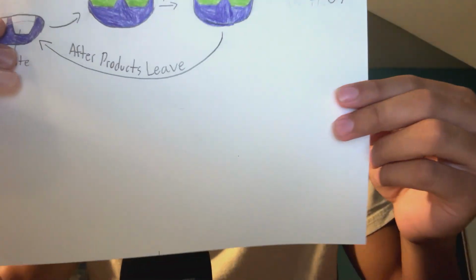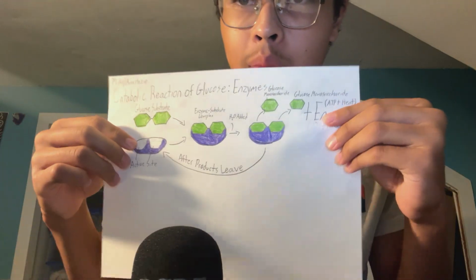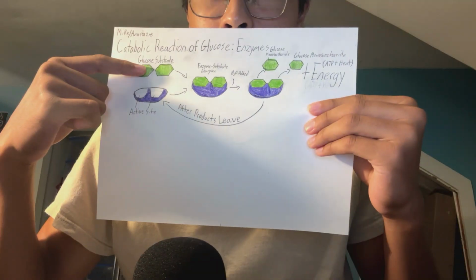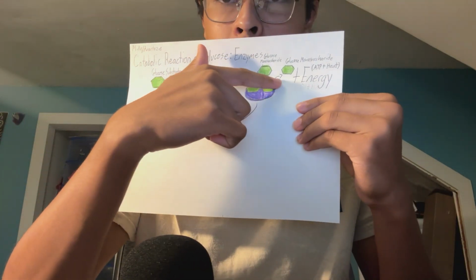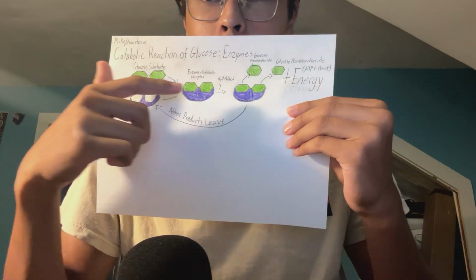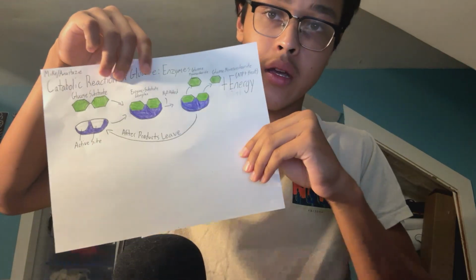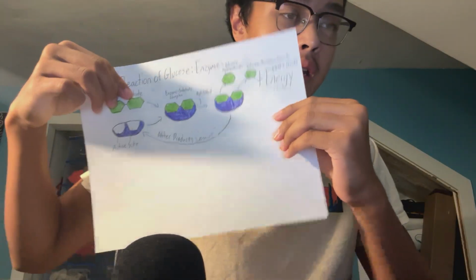And then for this one, which I made, you can see that in the catabolic reaction of glucose, the substrates go into the active site, and then they break off, which detaches this weakened bond, and that releases them as monosaccharides, and then the process repeats again and again.